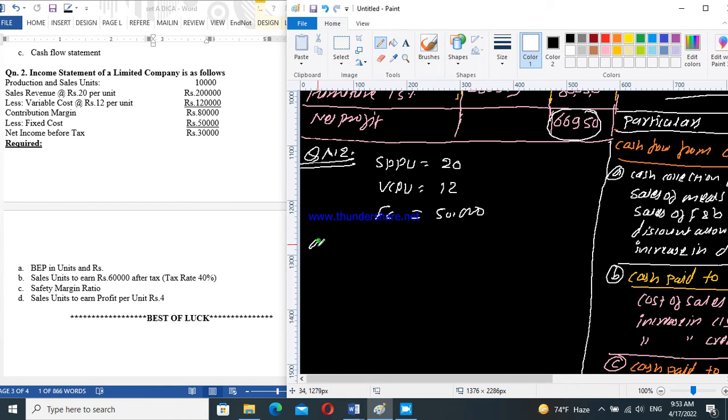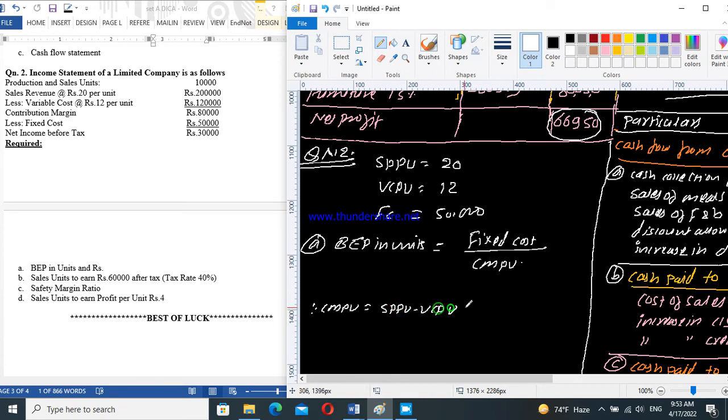The formula of BEP in units: BEP in units is equal to fixed cost divided by CMPU. Now CMPU is equal to SPPU minus BCPU, is equal to 20 minus 12, is equal to 8.